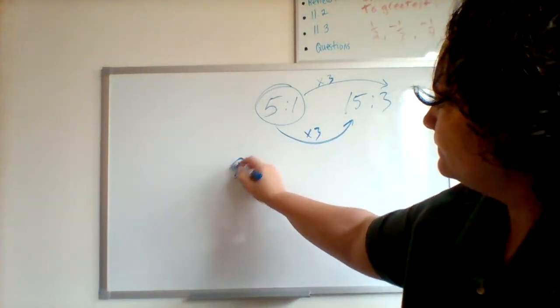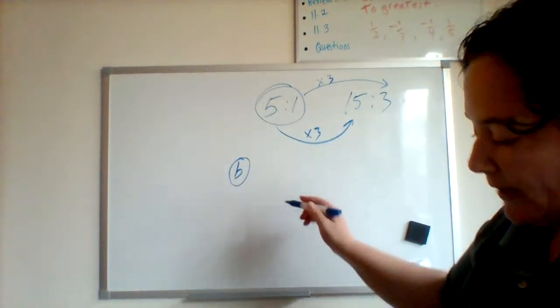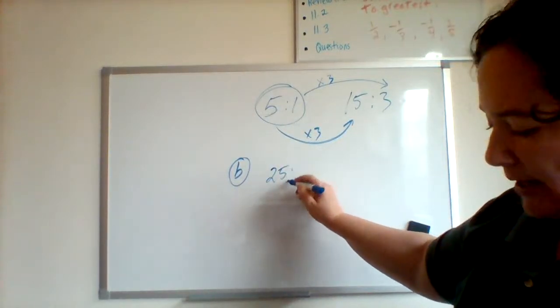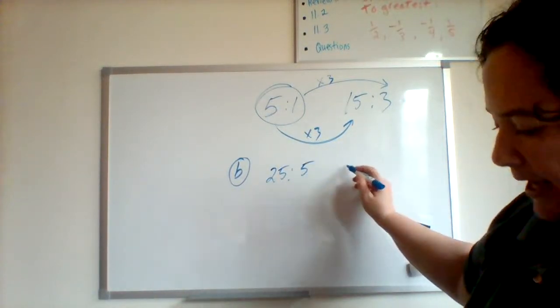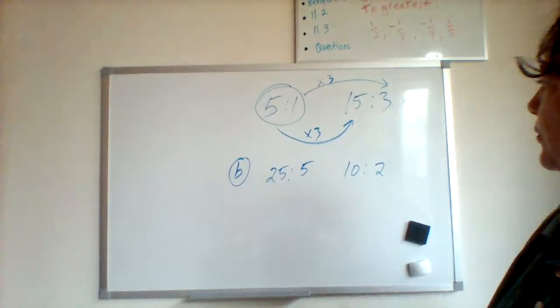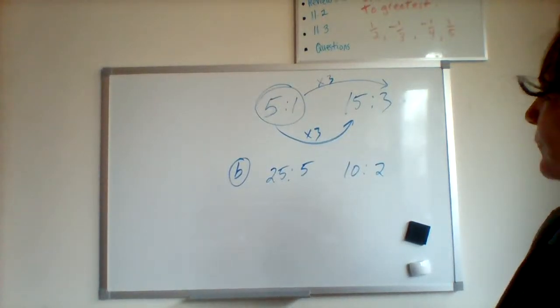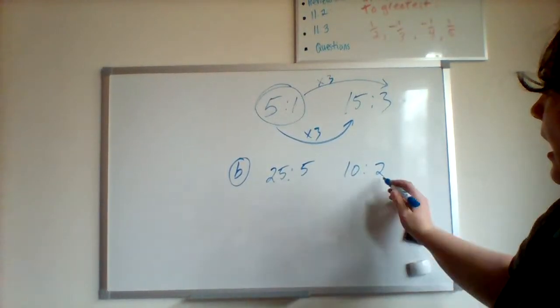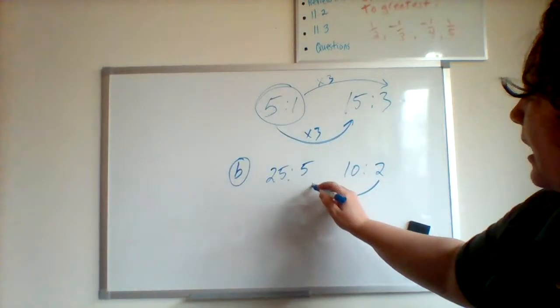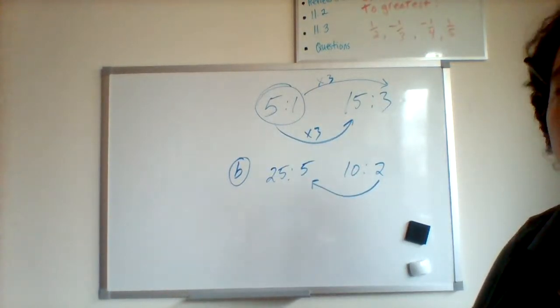Okay, part B. This time we have 25 to 5 and we have 10 to 2. What would I have to multiply 2 by to get to 5?